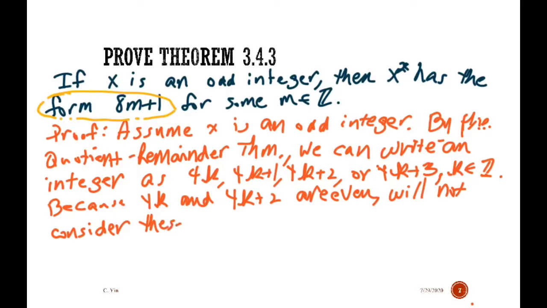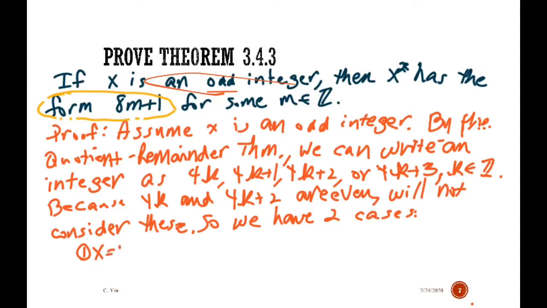Remember, we were told that x is an odd integer up here. And so we just have two cases. It could be that x is equal to 4k plus 1.